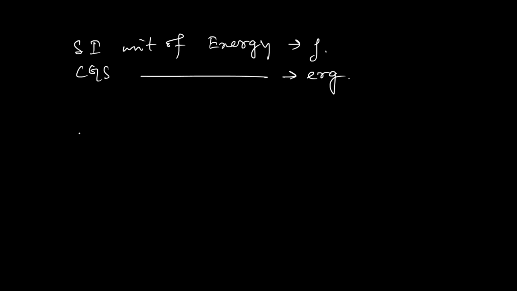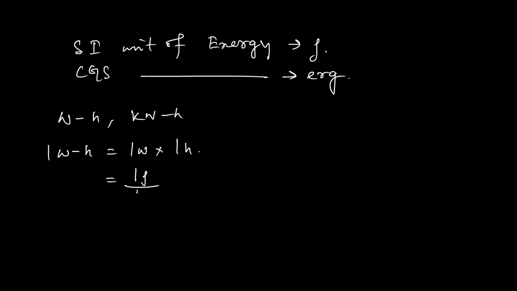If I talk about electrical energy, it is expressed in watt hour or kilowatt hour. So let's find the relation between them: 1 watt hour equals how many joule, or 1 kilowatt hour equals how many joule. 1 watt hour is 1 watt multiplied by 1 hour. 1 watt equals 1 joule in 1 second, that means 1 joule of energy is consumed in 1 second.